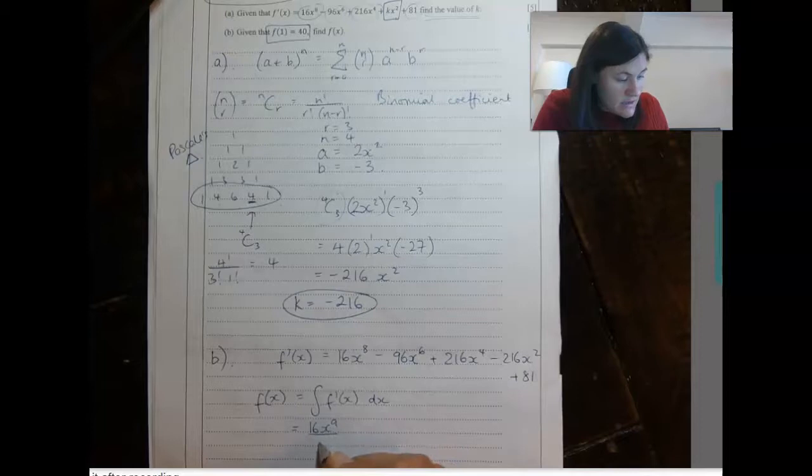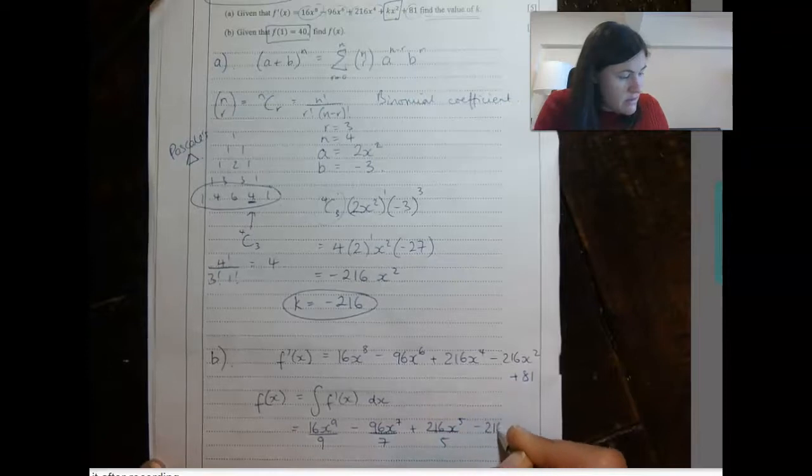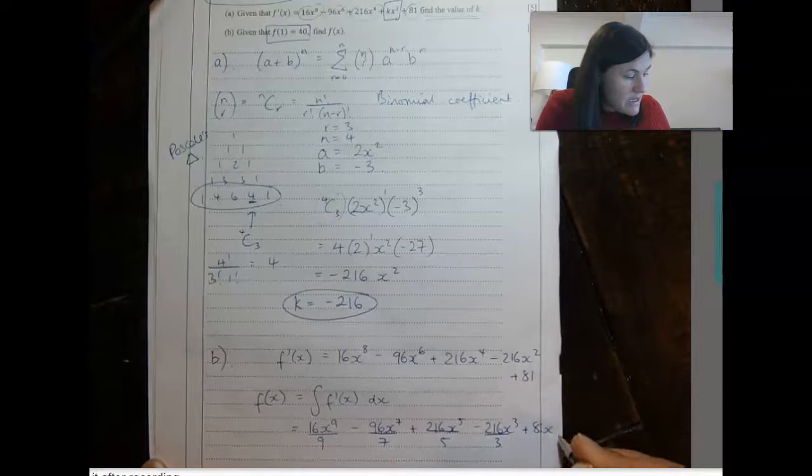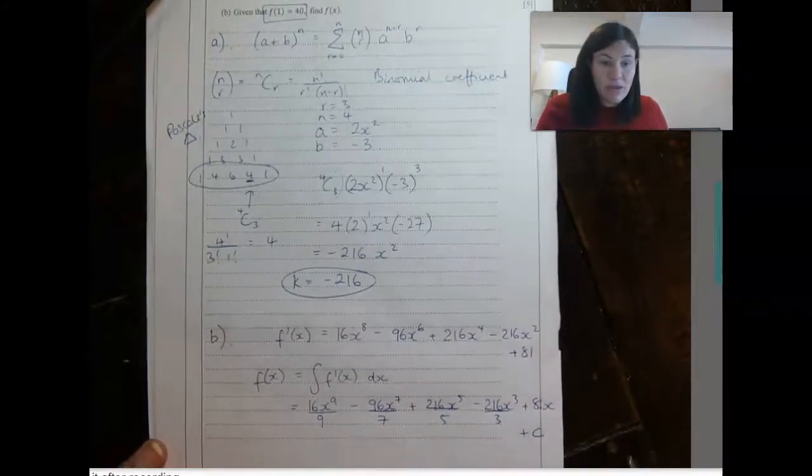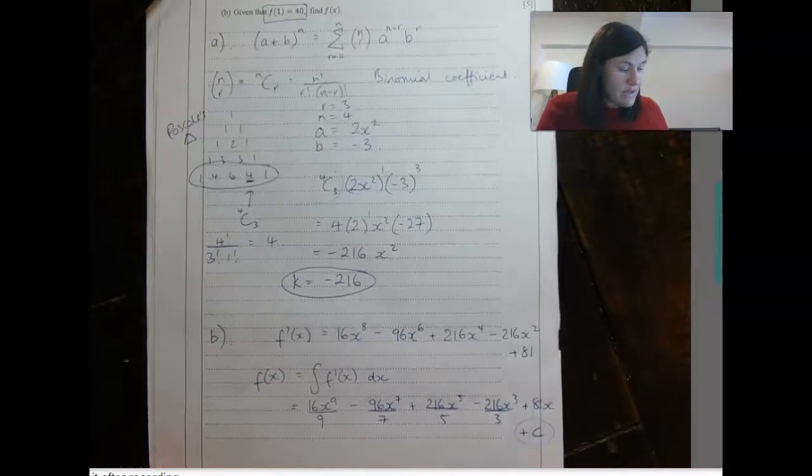So 16x to the power 9 over 9 minus 96x to the power 7 over 7 plus 216x to the power 5 over 5 minus 216x cubed over 3 plus 81x over 1 plus c. Very important not to forget your constant of integration there.